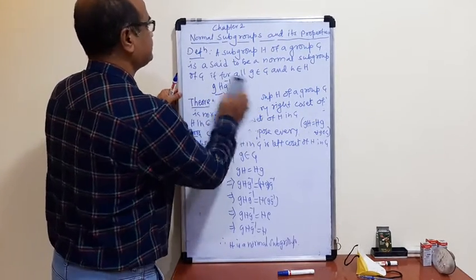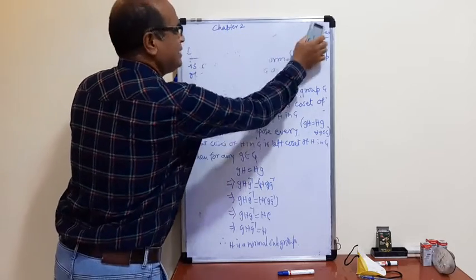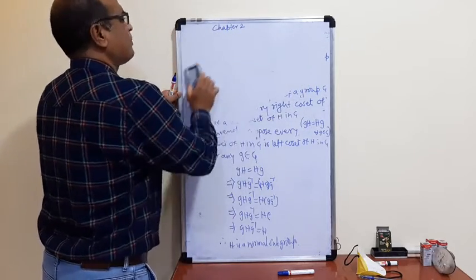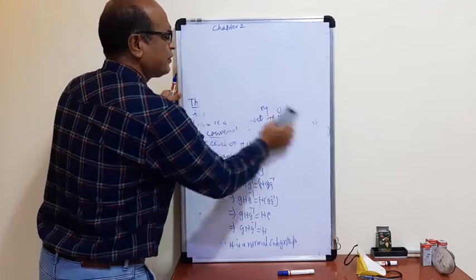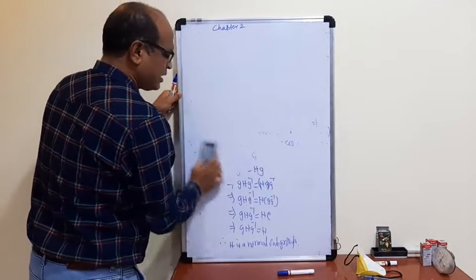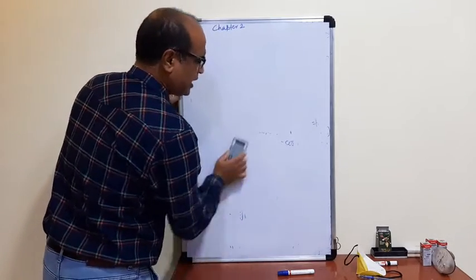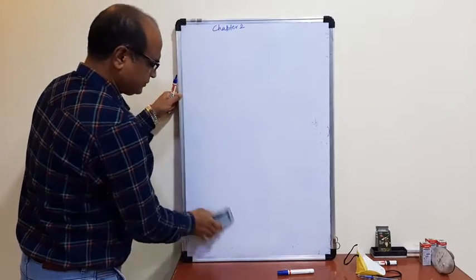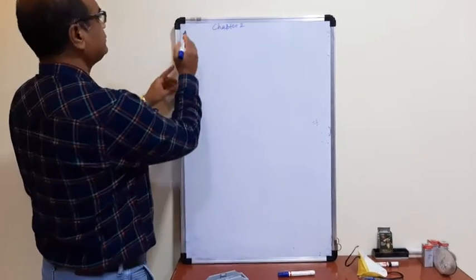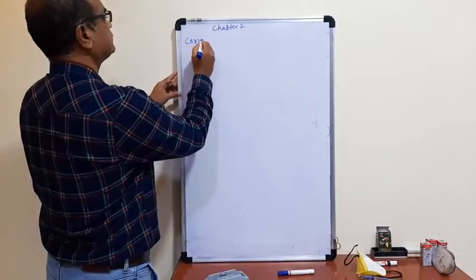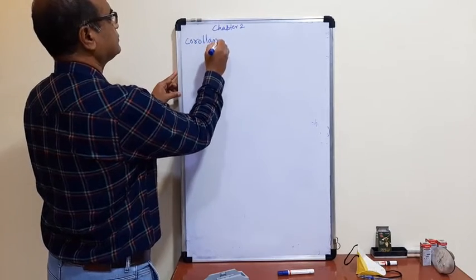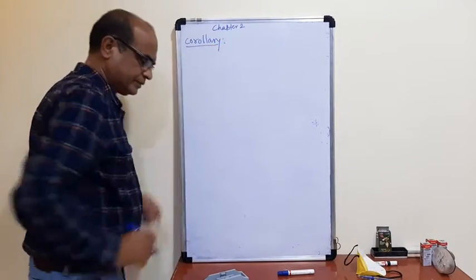Then we check the properties of normal subgroups, that is, the consequences of normal subgroups. Okay, so the corollary. What is the corollary?